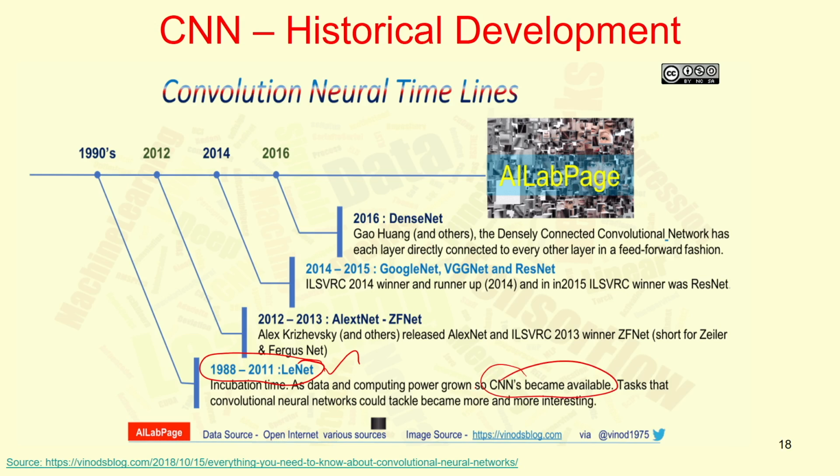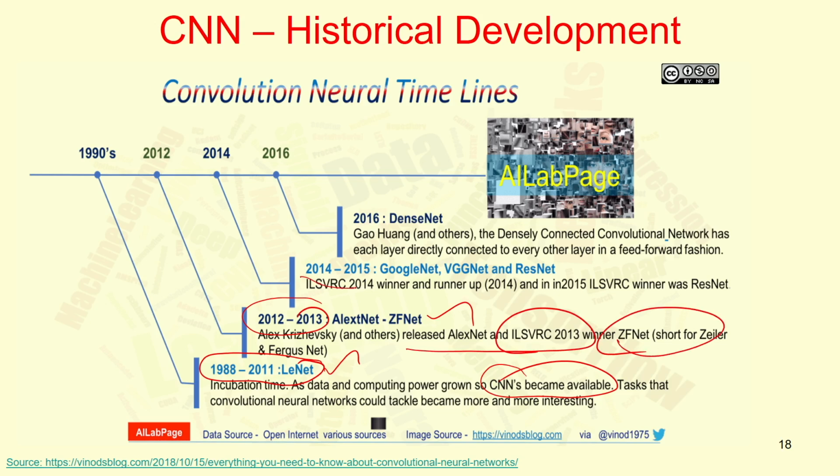From 2012 to 2013, we came up with a net called AlexNet or ZFNet, which was released with the help of the ImageNet competition, and it is otherwise also called the ZFNet.